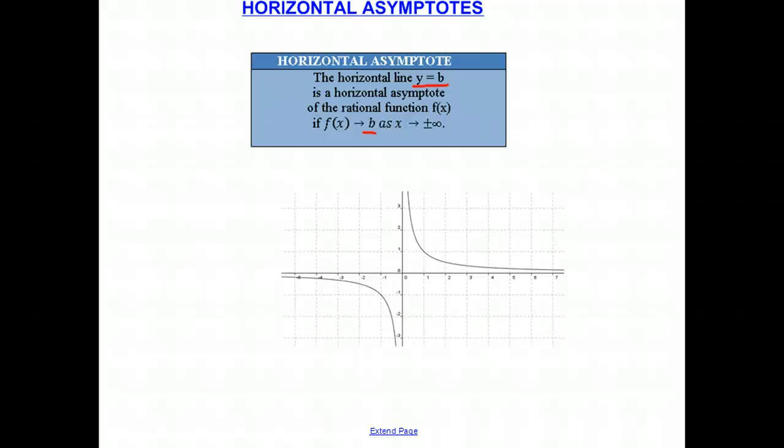Today we're going to talk about the horizontal asymptotes of rational functions. So let's say we have a horizontal line, y equals b. In our case, we're going to make it the line y equals 0, which is, of course, our x-axis. So let's draw this line y equals 0.